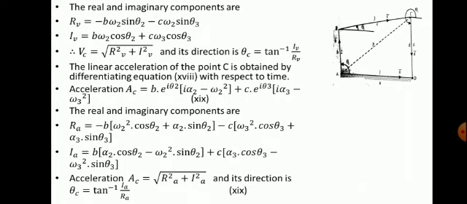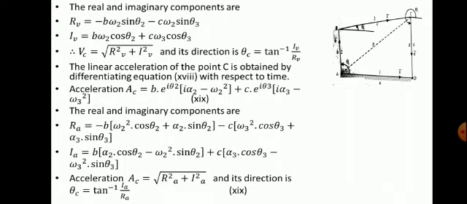Imaginary component is B (alpha 2 cos theta 2 minus omega 2 squared sin theta 2) plus C (alpha 3 cos theta 3 minus omega 3 squared sin theta 3).